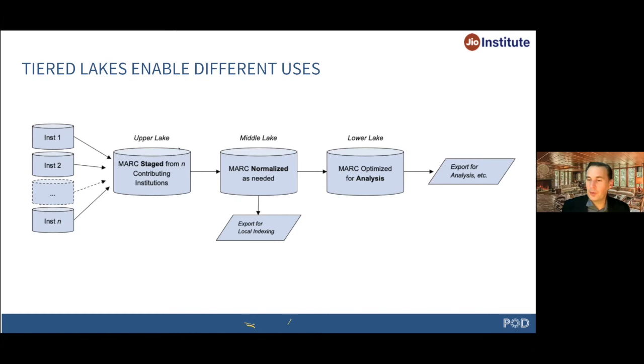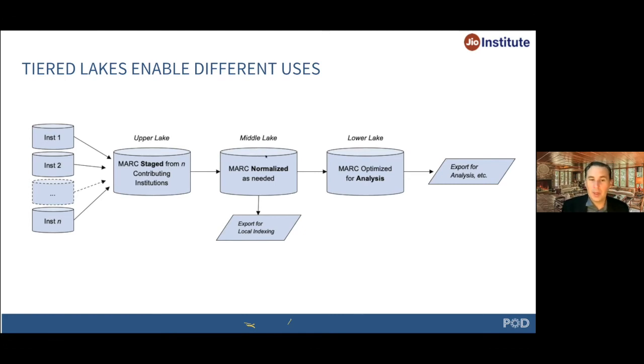The first place where we're storing data is called an upper lake, and that's where data is being pulled in from each of the contributing institutions, and it's also being versioned. So as changes are coming in, we're taking stock of those changes. We're taking periodic updates, and we're also taking periodic full dumps of MARC record loads if people want to completely replace everything that's been added.